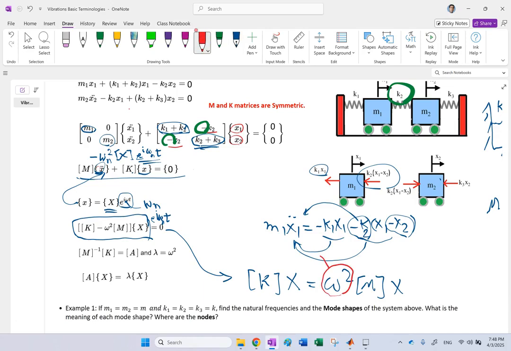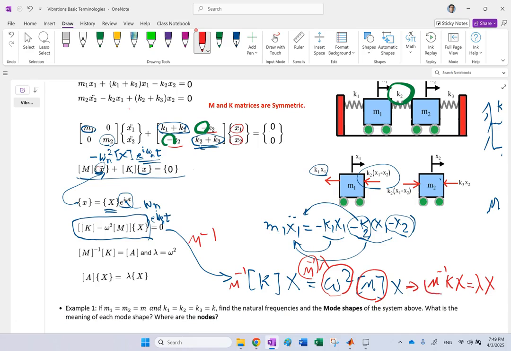This is just a scalar. And you multiply both sides of this relation by M inverse. Since this is a scalar, M inverse and M would cancel. You get I times x, which is just going to be x. And here on the left side, you have M inverse K. So you will get M inverse K times x is going to be lambda times x.